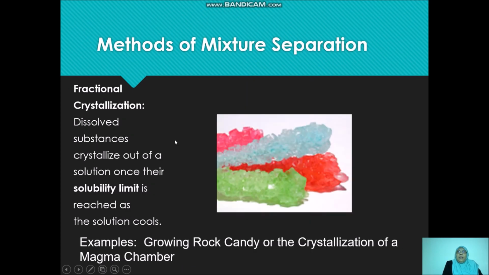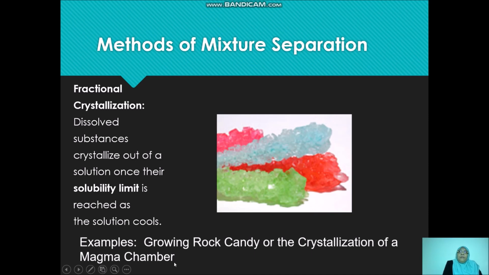Next, fractional crystallization. Dissolved substances crystallize out of a solution when their solubility limit is exceeded as the solution cools. Examples are growing rock candy or crystallization in a magma chamber.